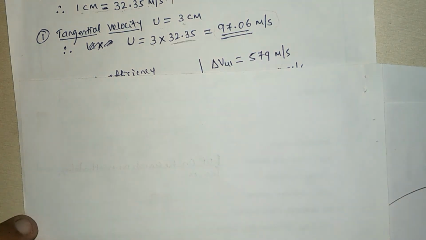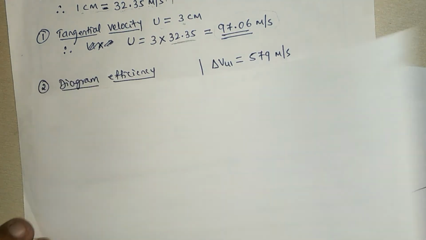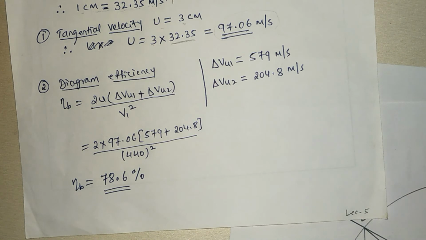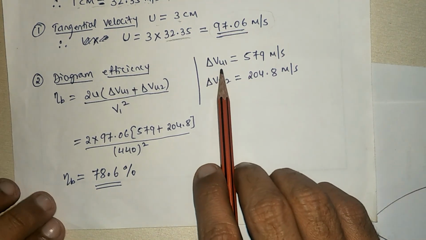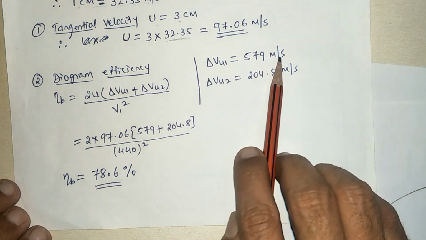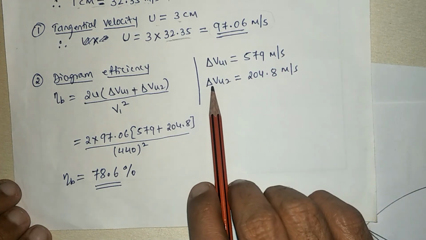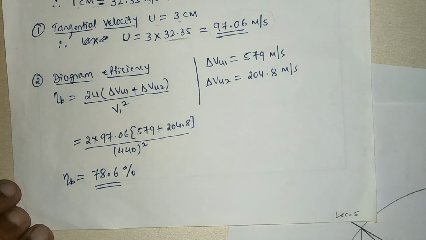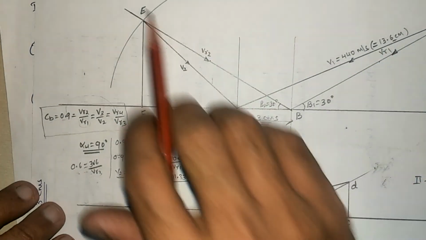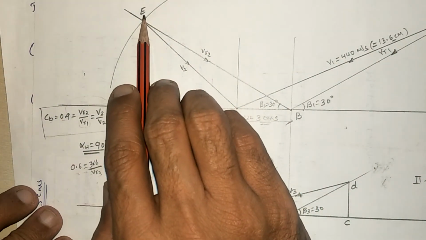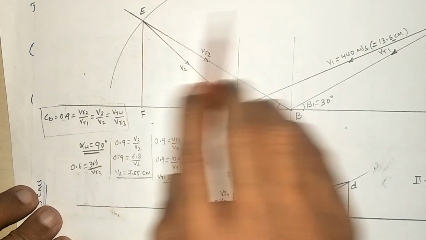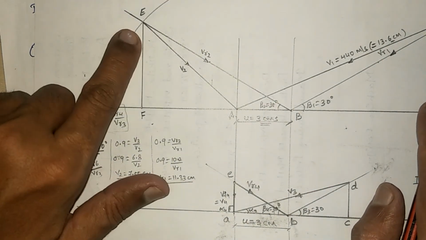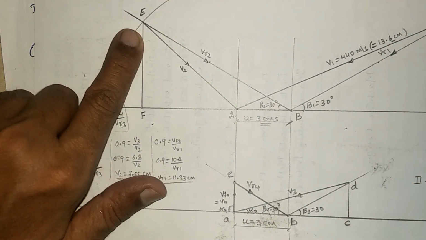From the velocity triangle, we obtained delta Vu1 equal to 579 meters per second, and delta Vu2 equal to 204.8 meters per second. Delta Vu1 is the horizontal distance between point A and D, measured and multiplied with the scale.